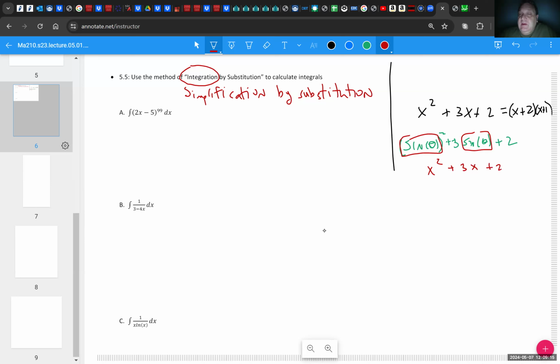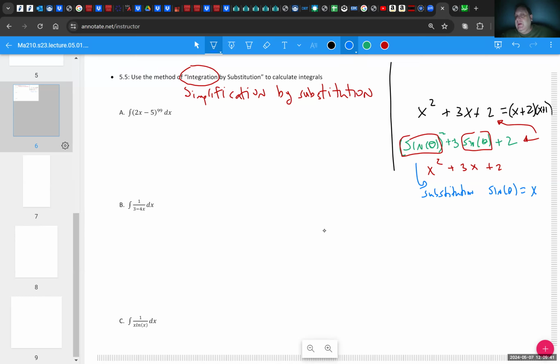And this trig version is really the same as this algebraic version, just that we're using sine theta in place of x. In other words, we've done the substitution that sine theta is going to be written instead by the letter x. So this is what a substitution is.